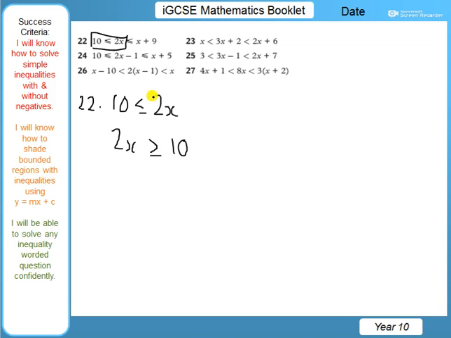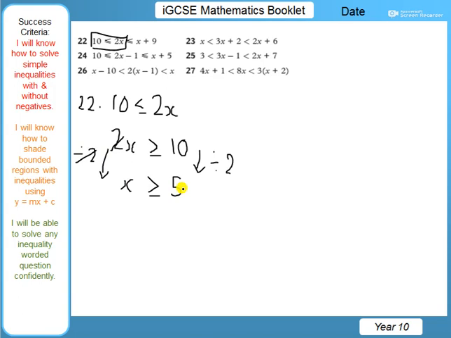If you're flipping these two things over, you need to make sure the greater than sign is correct there as well. And again, what's the opposite of timesing by 2? Well, that's dividing by 2 on both sides. That, if that cancels with that, gives us x is greater than or equal to 5.